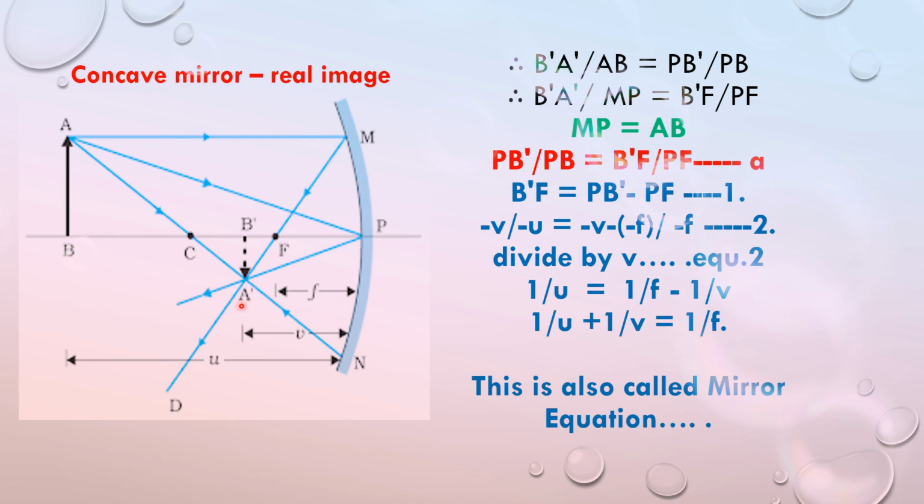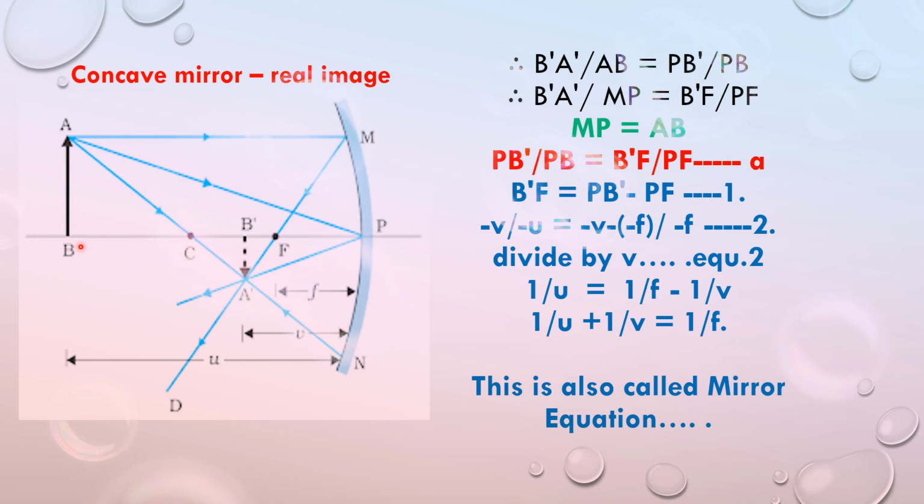So the third reflected ray intersects at A dash, so that we draw one perpendicular line to the principal axis, which is nothing but B dash A dash. So B dash A dash is the real inverted image of the object AB. So we can say that for the right angle triangles A dash B dash P and also ABP, B dash A dash divided by AB is equal to PB dash by PB.